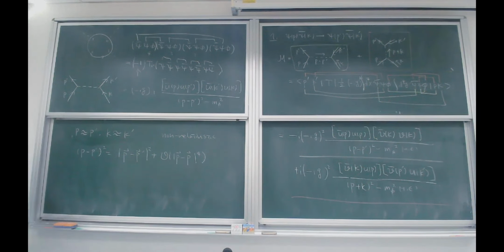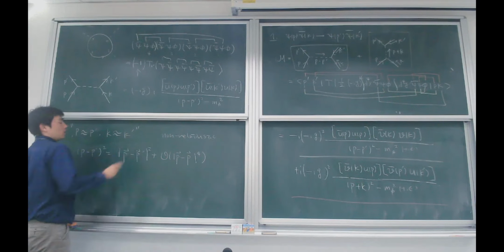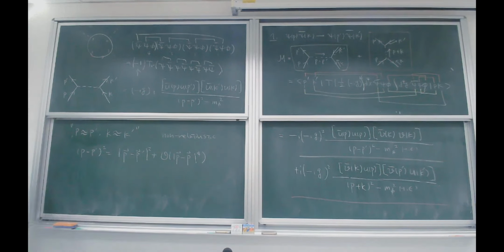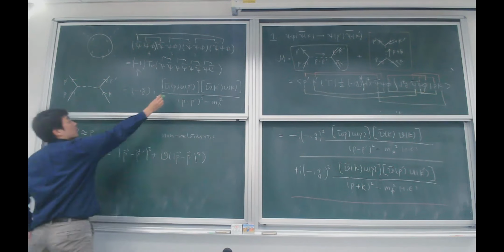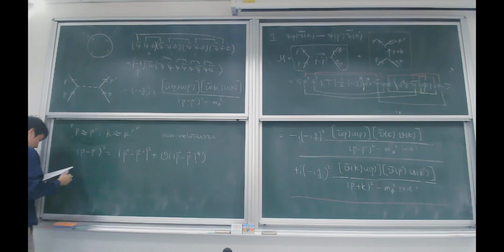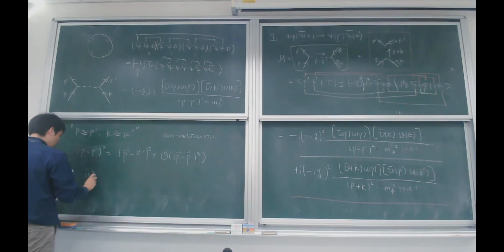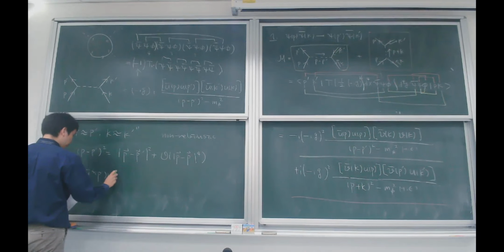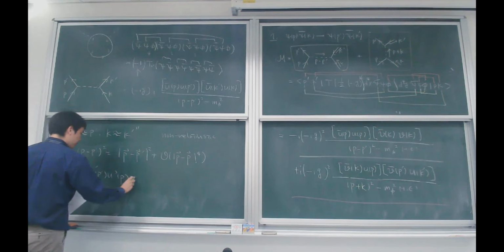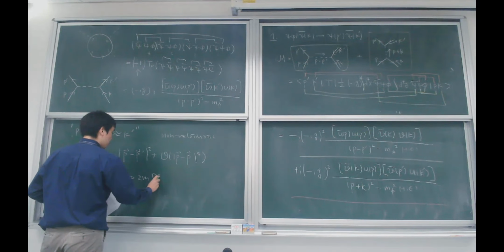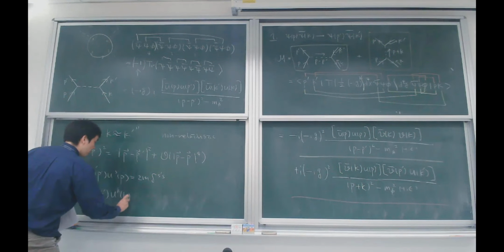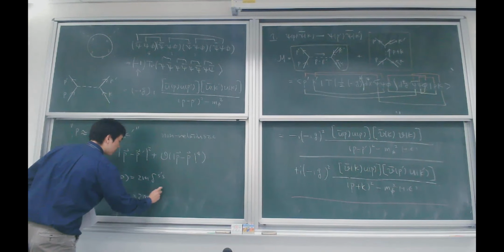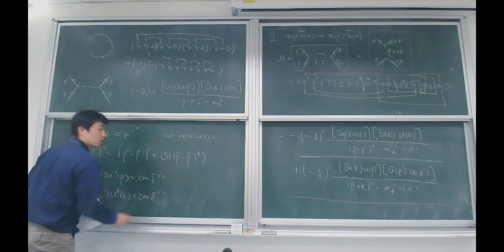And then we know that if this is assumed, the spinor bilinear, we have already seen that this one is 2m delta s prime s, and the u bar r prime k prime, okay, is 2m delta r prime r.